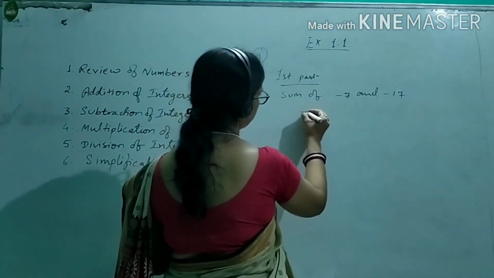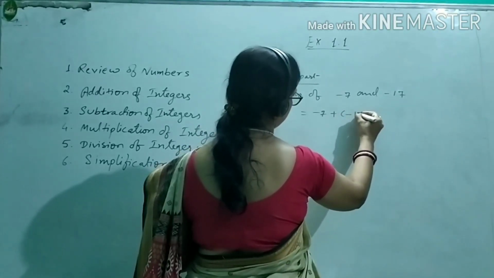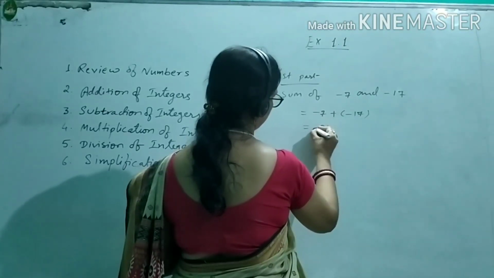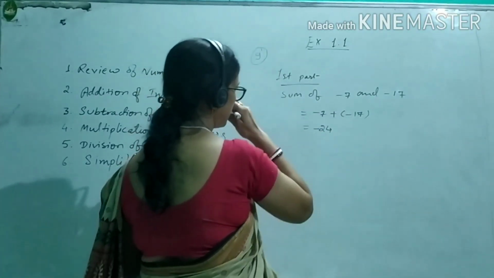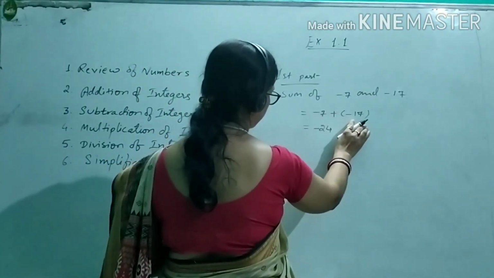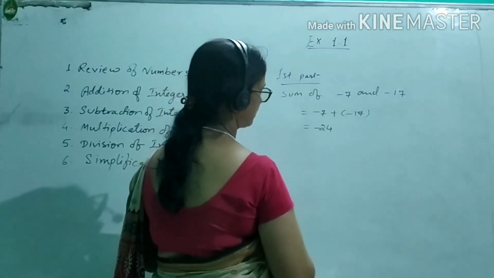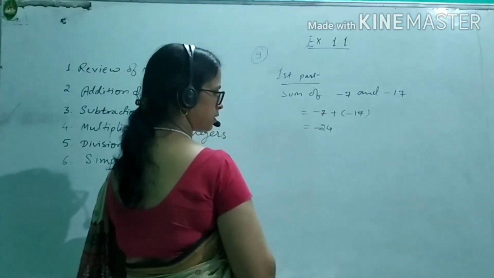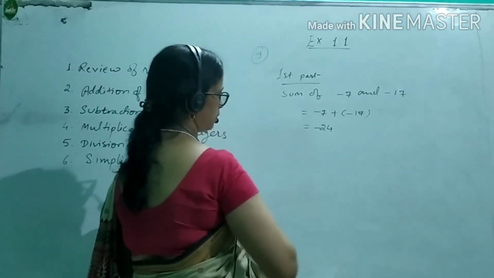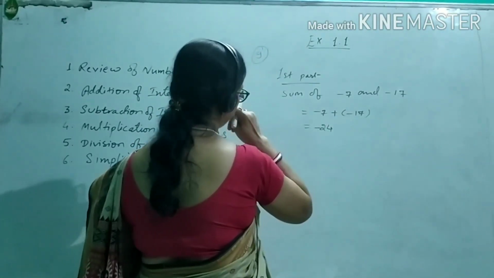We can write minus 7 plus minus 17, which equals minus 24. Here it is minus 24 because both numbers are negative. When adding positive and negative numbers, we put the sign of the larger number. So here 17 is larger and has the negative sign, so we put minus 24.